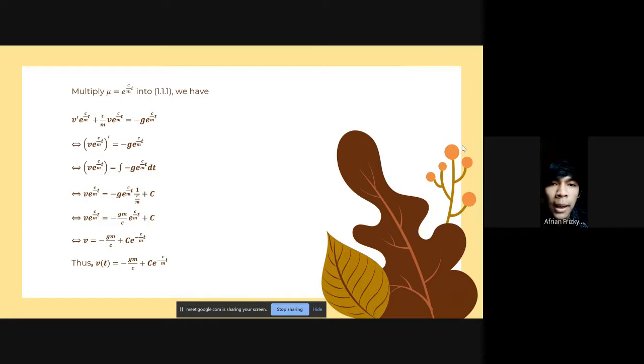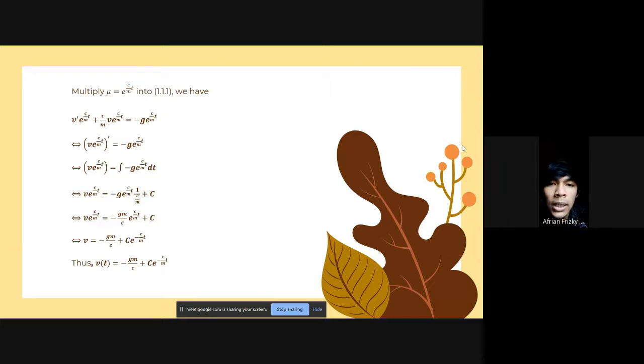Then we multiply mu into the previous equation, and we get v prime times exponential of c over m t plus c over m v times exponential of c over m t is equal to minus g times exponential of c over m t. And on the left side, we can rewrite it as v times exponential of c over m t, prime. And the right side is similar.